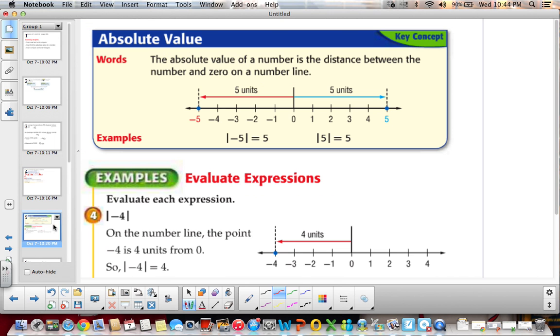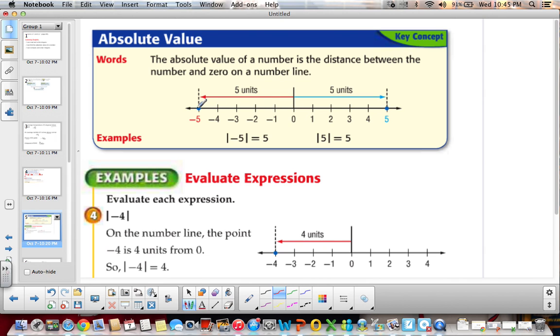Speaking of distances from 0, if we look at -5, we see that -5 is right here and +5 is right here. Looking at 0, we know that +5 is 5 units from 0, and -5 is also 5 units from 0.